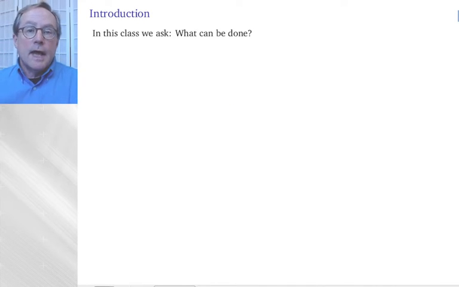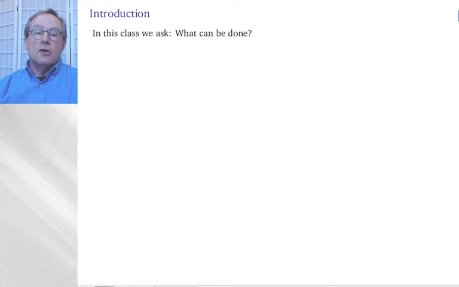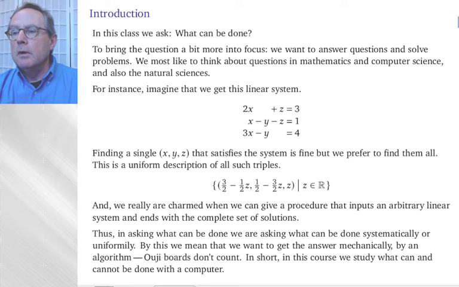So in this class, a central question at the heart of this class is what can be done. I don't mean, if you have purple drapes, can you get away with a rust-colored rug? I mean, what can be done scientifically or mathematically or computer scientifically, what can you do?